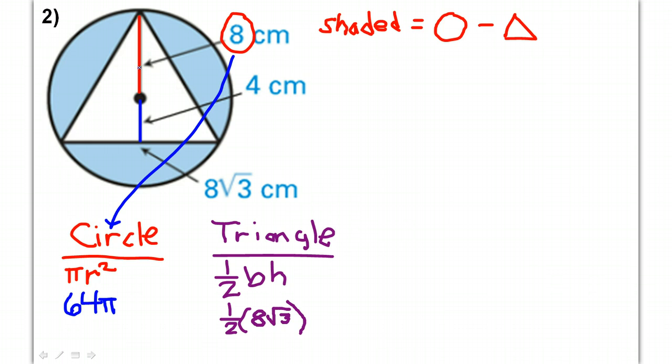Ashlyn, do you see where he's getting that? What's the height of this triangle, Ashlyn? The height of the triangle. What is it? 12. All right, where are you getting that from?